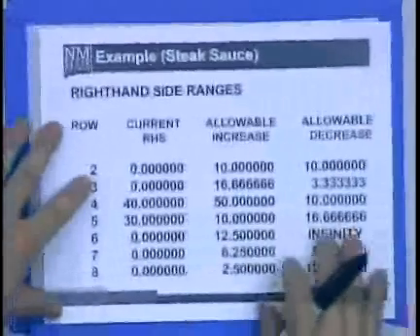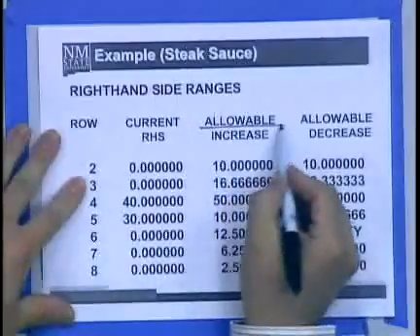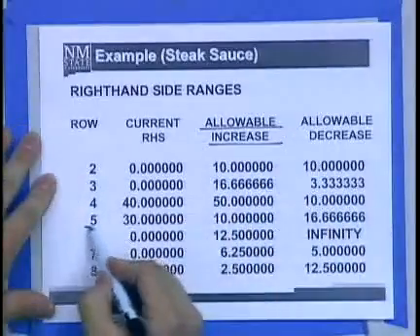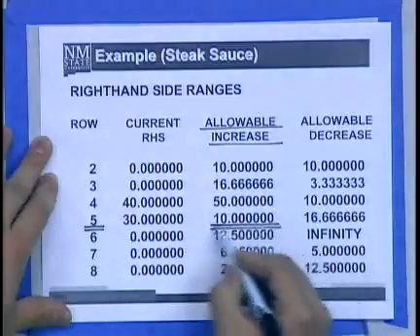So we need to look for the right-hand side ranges first. The allowable increase for row number 5 is 10, right?